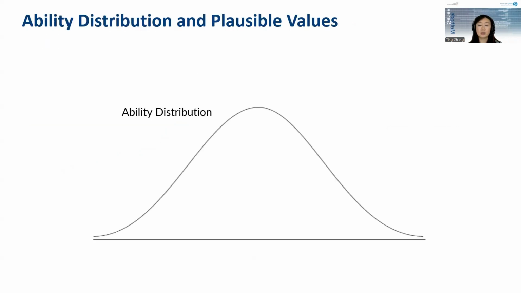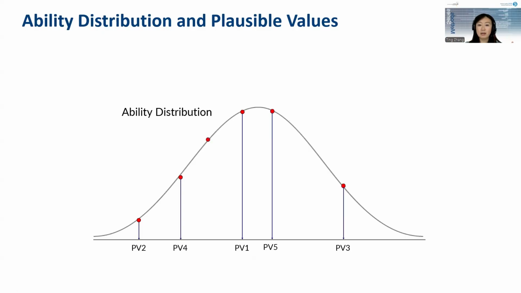It looks like this, and it represents the uncertainty of the student's skills. See, it has a variance. In order to capture this variance, called imputation variance or measurement error, we randomly draw, for PIAAC, 10 scores from this distribution.